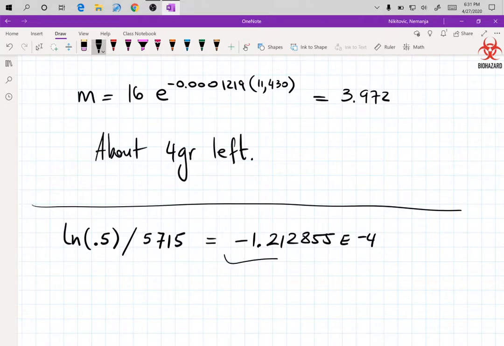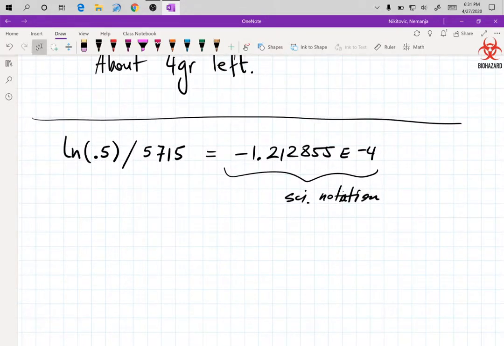This over here is scientific notation, which you should have studied in intermediate algebra. When you are dealing with scientific notation, you are only allowed to have 1 digit before the decimal point. So I'm going to round this now.